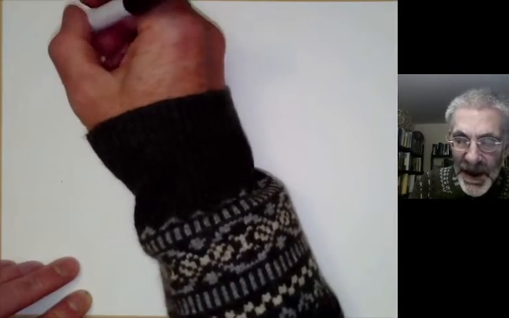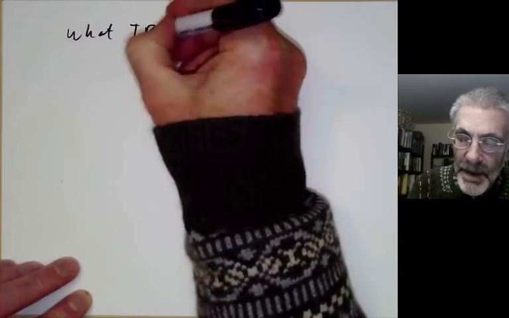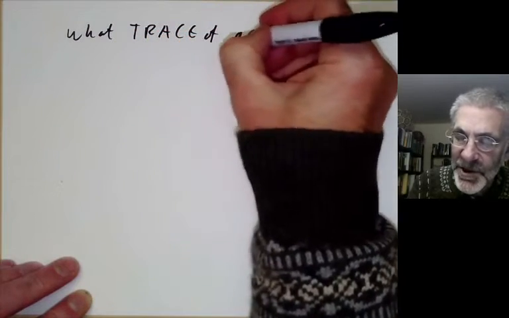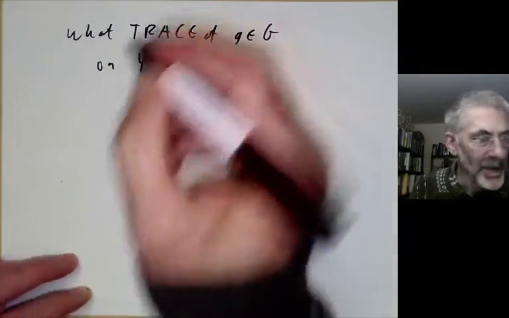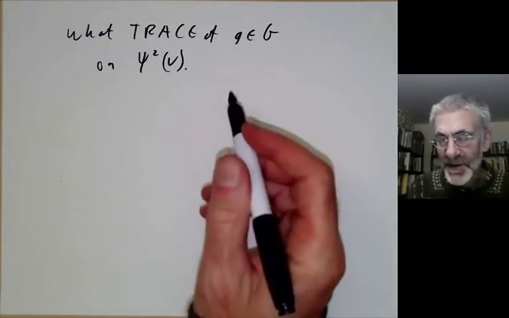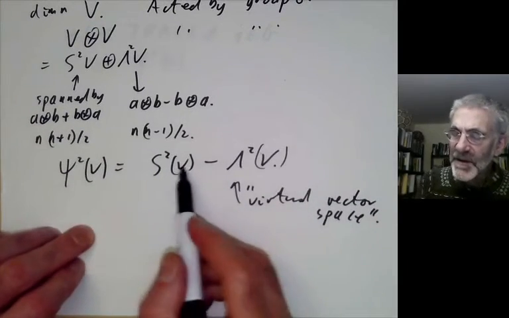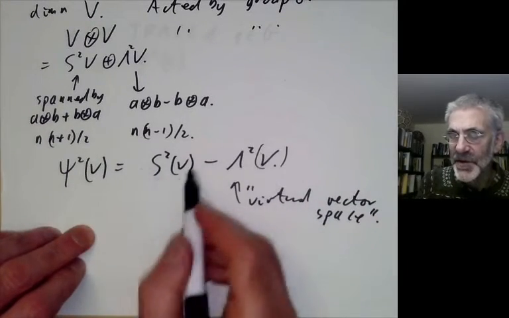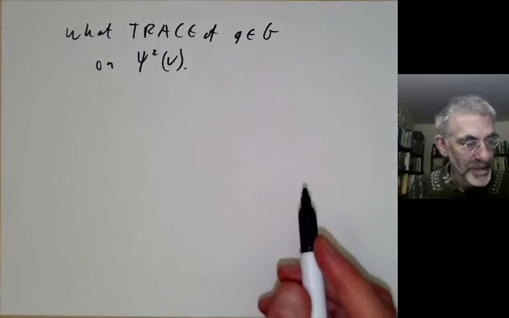Well, that doesn't make a lot of sense because G obviously can't act on this because it's not a vector space. However, we can still ask what is the trace of an element g in G on this space lambda squared of V. And this does make sense because the trace of an element on a vector space is additive, so you can still define the trace to be the trace of g on this minus the trace of g on that.